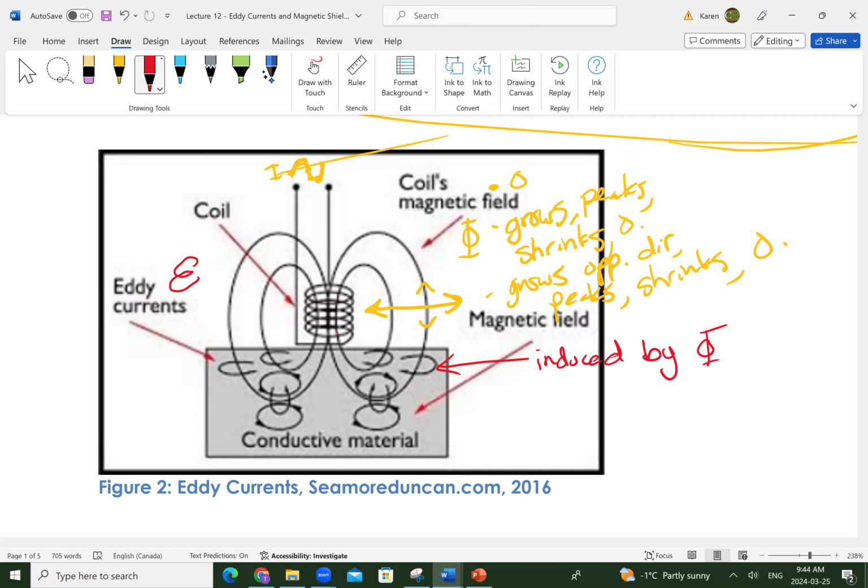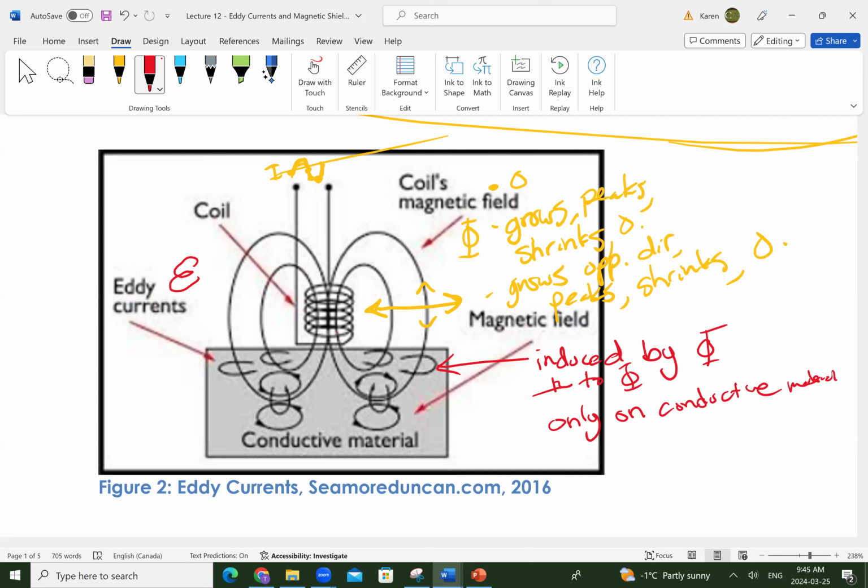And that means that they are perpendicular to the flux. And what else do I have to know about eddy currents? They are only in conductive material.